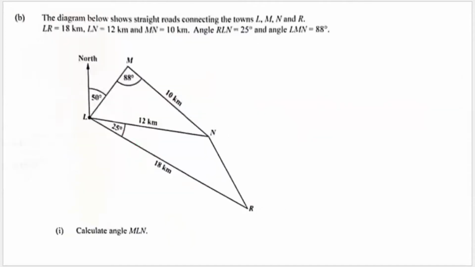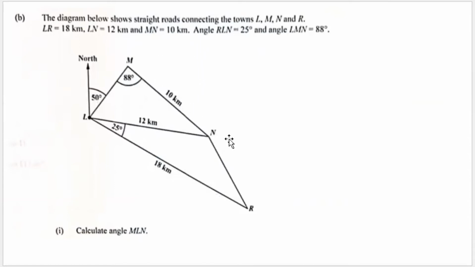We're now on to part B, and it says the diagram below shows straight roads connecting the towns L, M, N, and R. And it says LR is equal to 18 kilometers, LN is equal to 12, and MN is equal to 10 kilometers.